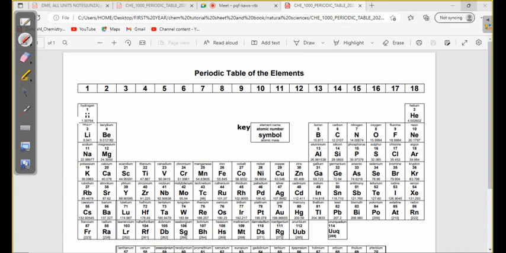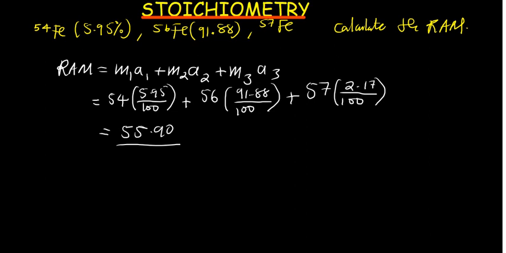Okay, so iron is here. That is 55.845. So this is 55.90. The difference is just because this one is a practice question and perhaps we've not used the actual percentage abundance, so that is why.